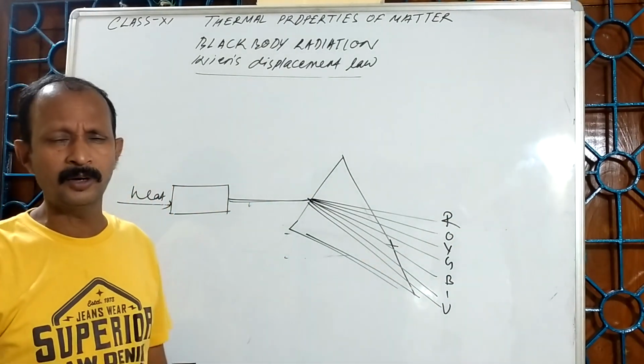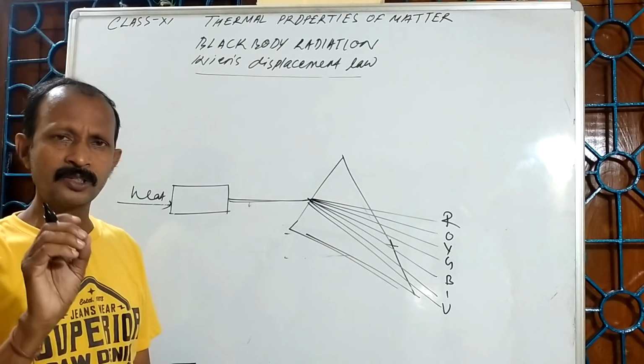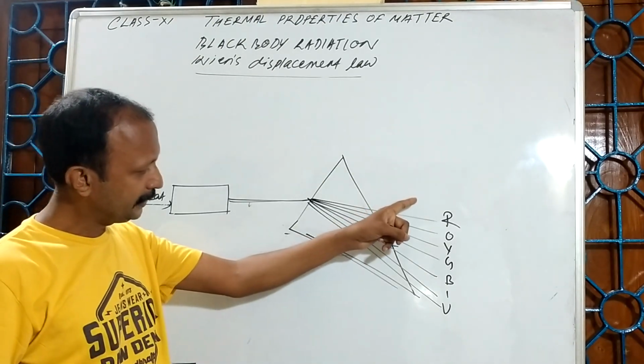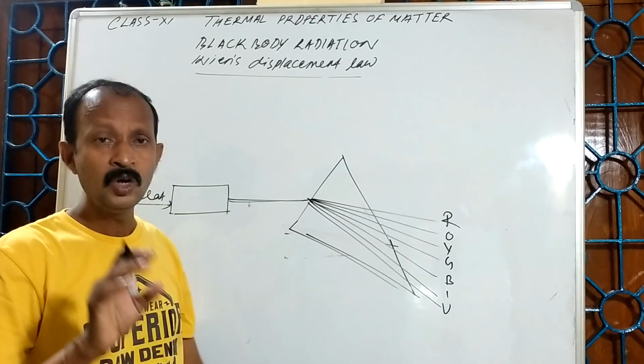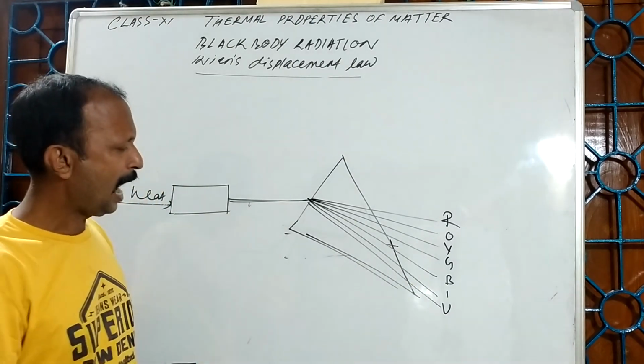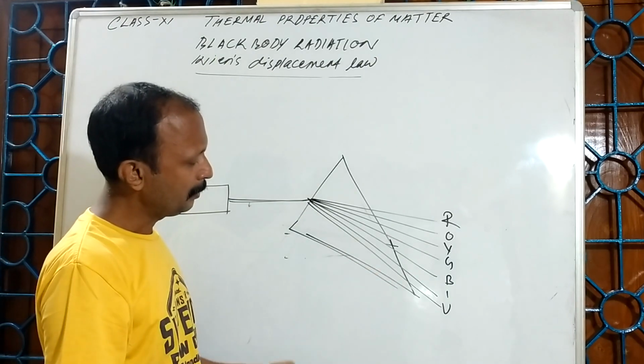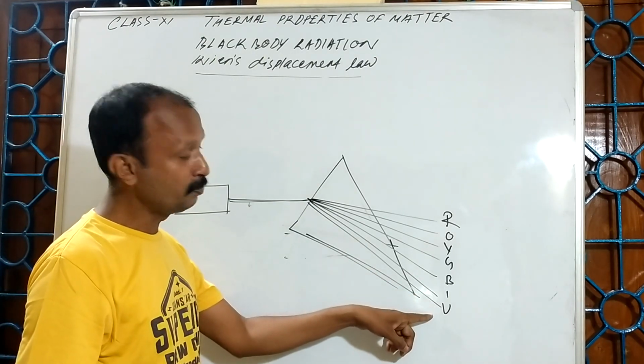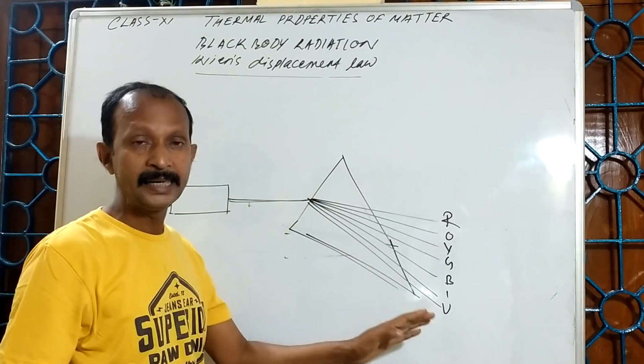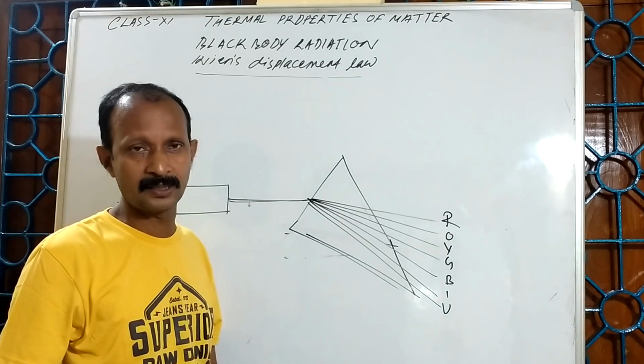Each color is nothing but light of a fixed wavelength, so there are 7 types of wavelength. Among these colors, violet deviates the maximum because its wavelength is less.